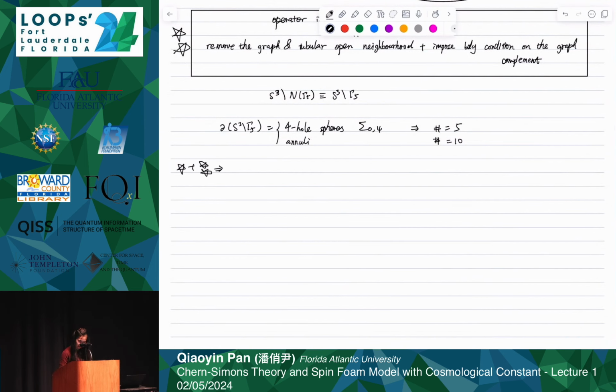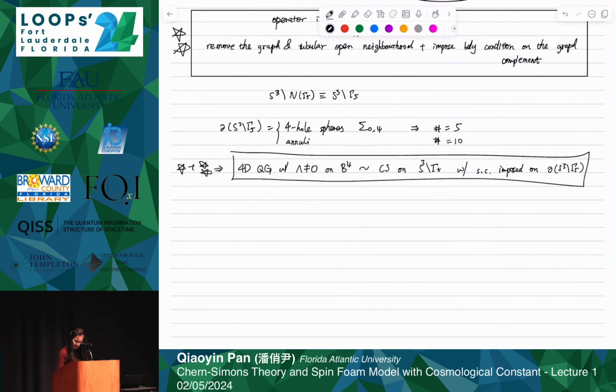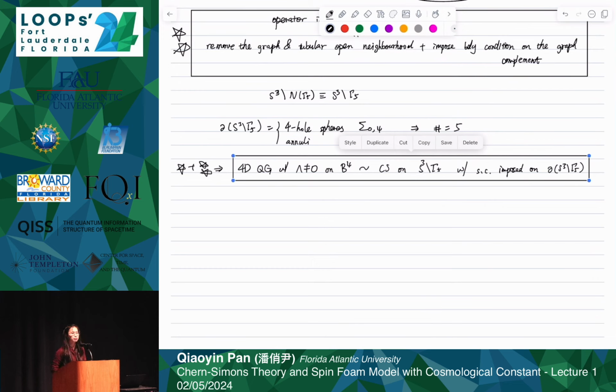Of course, we want the boundary condition to encode the simplicity constraint, so with the simplicity constraint somehow imposed on the boundary of this three manifold. And this is the final, combined idea to build up a spin form model with a non-zero lambda.